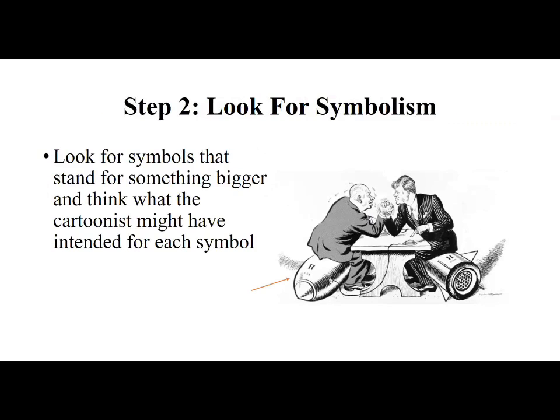So step two, look for symbols. You have to look for symbols that stand for something bigger and think about what the cartoonist might have intended for each symbol. So here, we're going to refer to the bomb. The bomb, you can see, is being used as a bench by both men, and both men have a button to trigger off the other one's bomb.